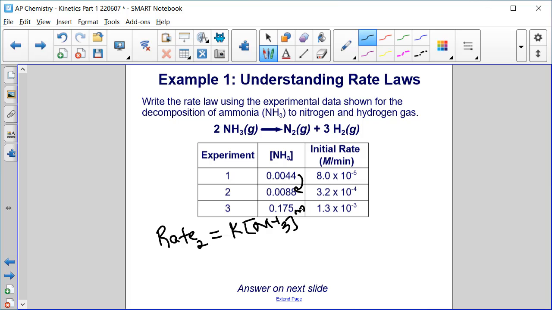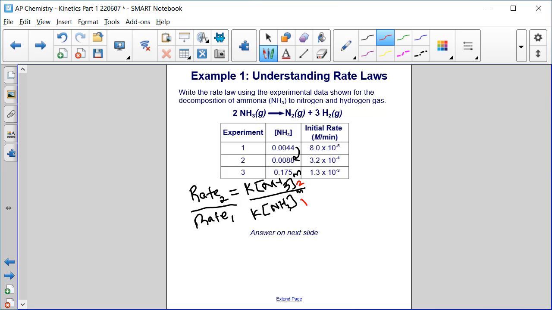Now we can set this up as a proportion, where the rate in experiment 1 is also equal to k times the concentration of NH3 to the m. More specifically, this is the concentration of NH3 in experiment 2, and this is the concentration of NH3 in experiment 1. Then we can substitute some values in.